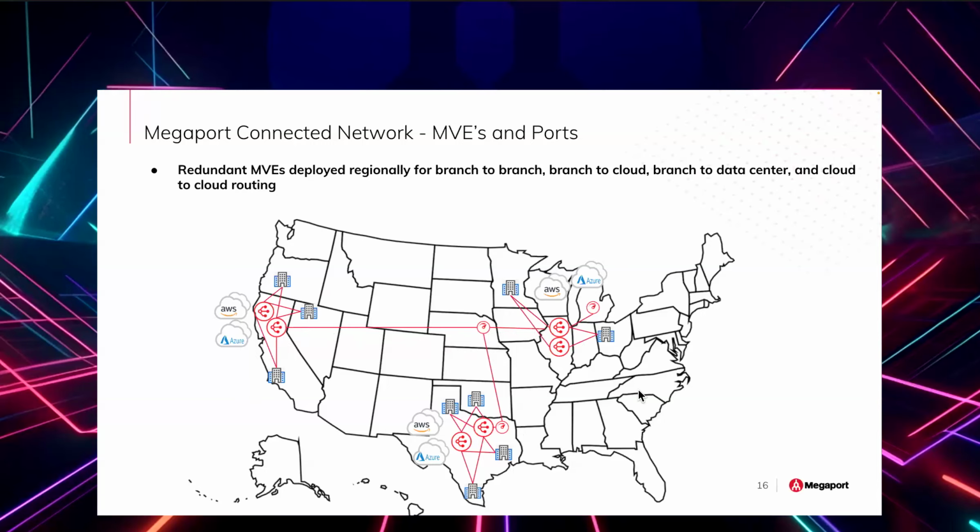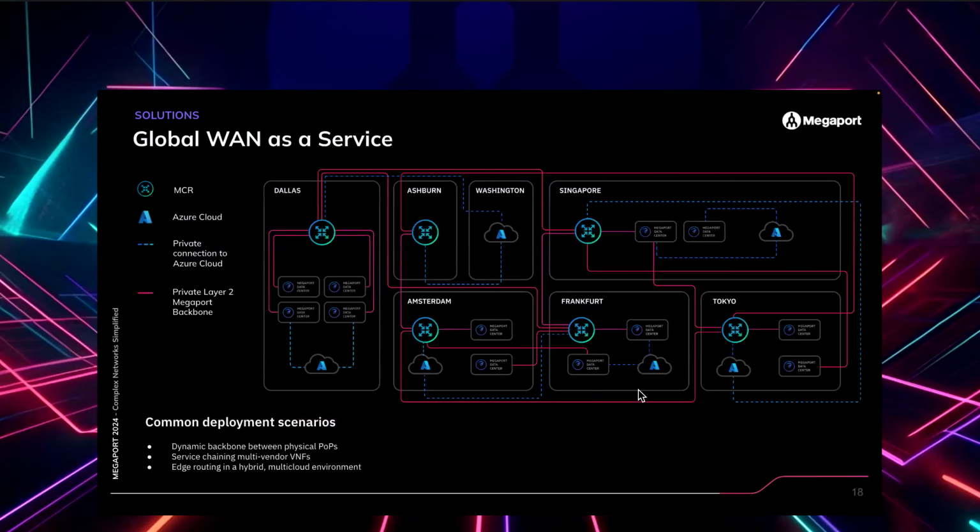So really, really cool. So the last one is global WAN as a service, and we're seeing a lot of traction from customers who have MPLS networks that are national or global in scale, and they're trying to interconnect their workloads together. And so what this diagram is trying to illustrate is that you can use Megaport Cloud Router, you can use ports, you can use MVEs in different regions and interconnect them together over our backbone.